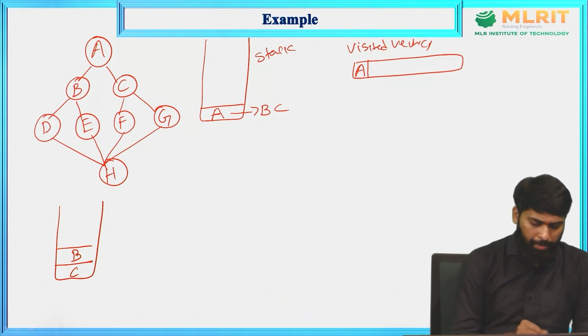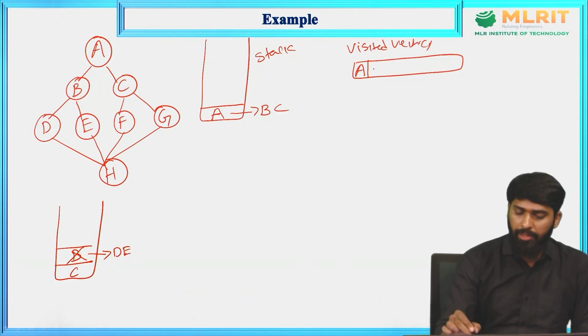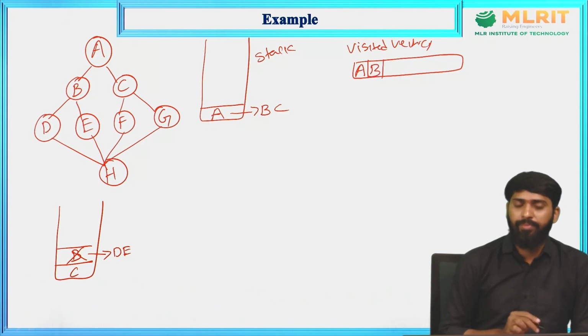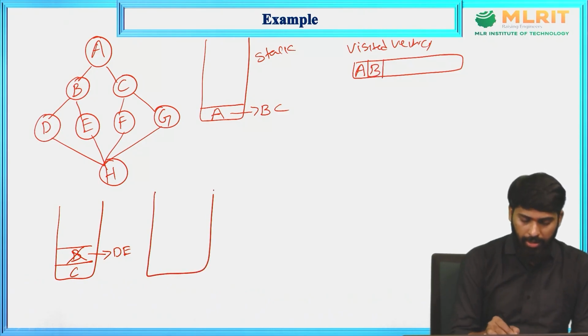If I pop, what is the element I am going to pop? B here. B's adjacent vertices are D, E. So make this B visited and push these values into the stack again. So C, E, D. That's it.